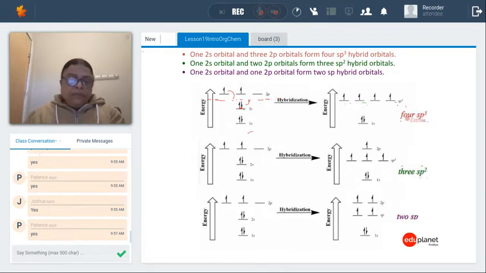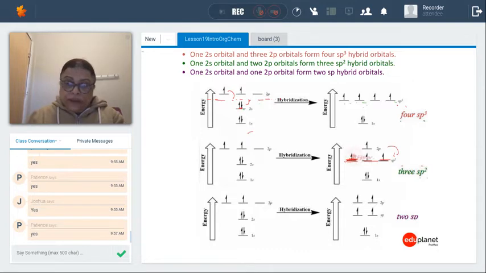When it suits him, carbon can also say, you know what? I only need 2 of the p orbitals. So he creates 3 new orbitals that are lower in energy than the p and a bit higher than the s.